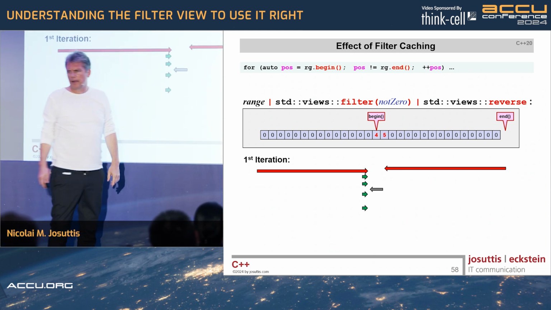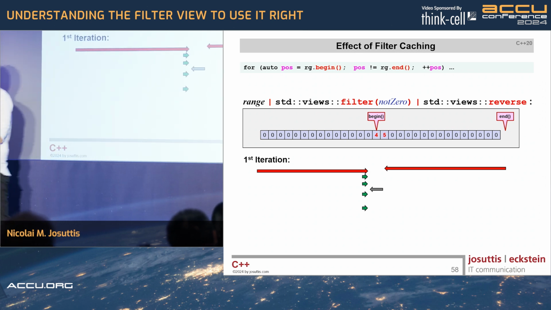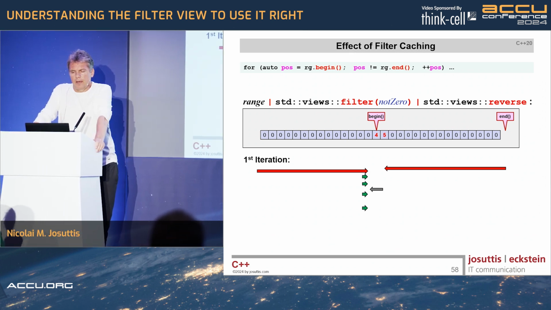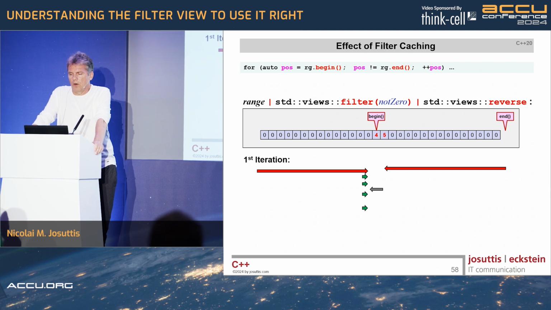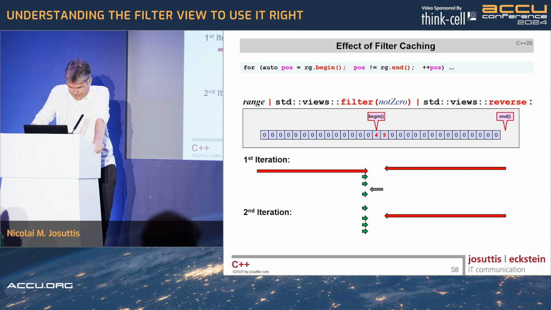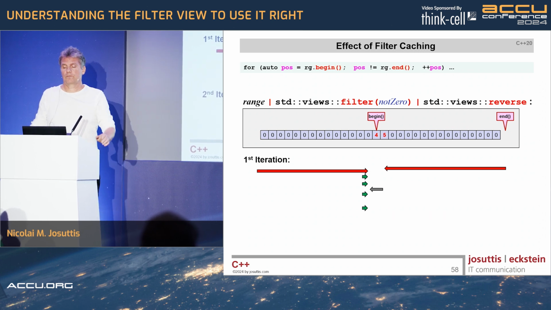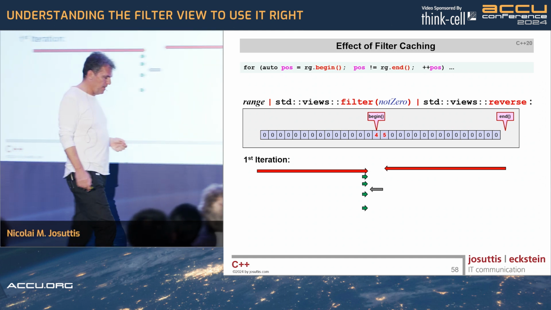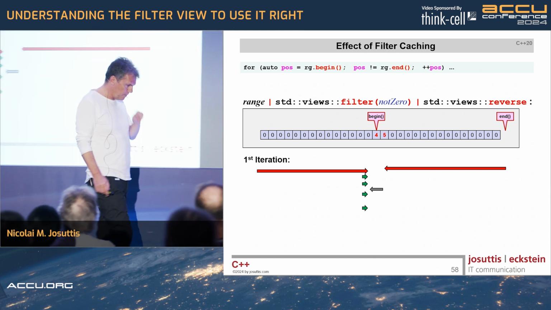Here should be a green arrow. I don't know where it has gone, but okay, it's there. The next time we have a second iteration, we also benefit from that a little bit more, because the first begin was also already cached. So that means no more expensive begin calls here. So there we have, and that's the point, even in the first iteration, a benefit from caching.